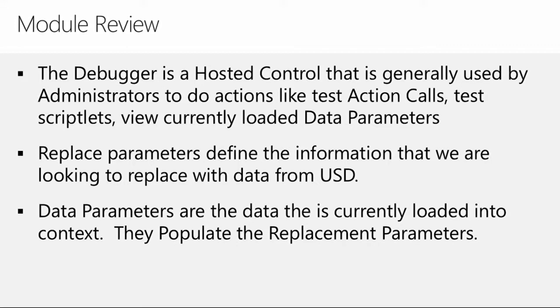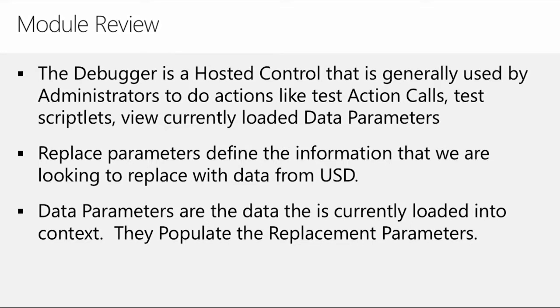But more importantly, and where you'll see that a lot, is if things don't seem to be populating in the way that you'd hoped, this is where you can go in and look at the data parameters that are currently loaded into the system. And by looking at the data parameters, now you can start to see what specific data parameters are being used to populate the replacement parameters inside the application.